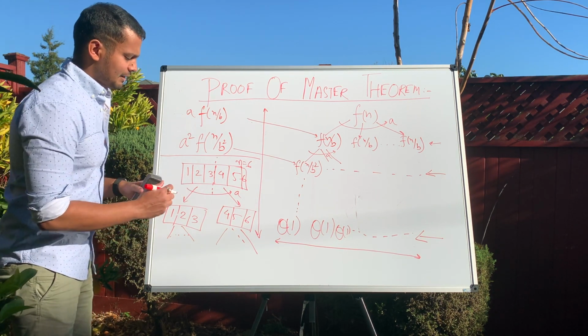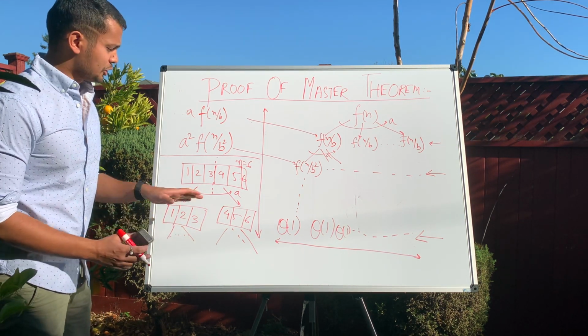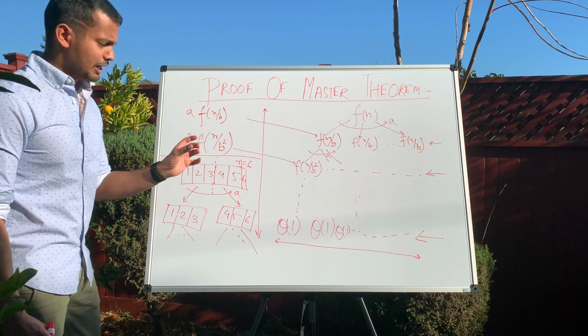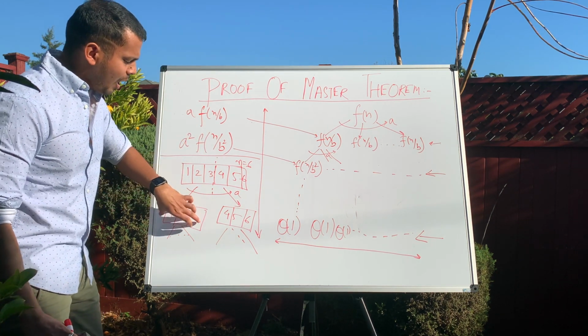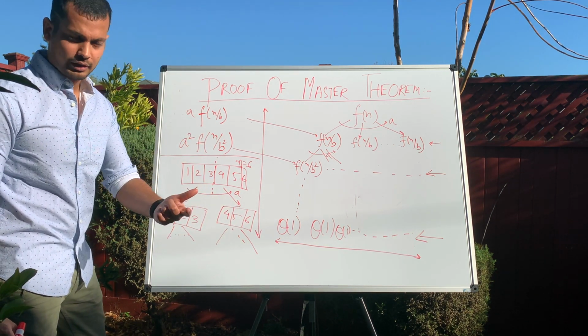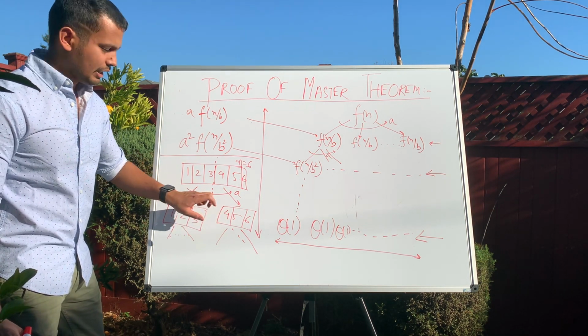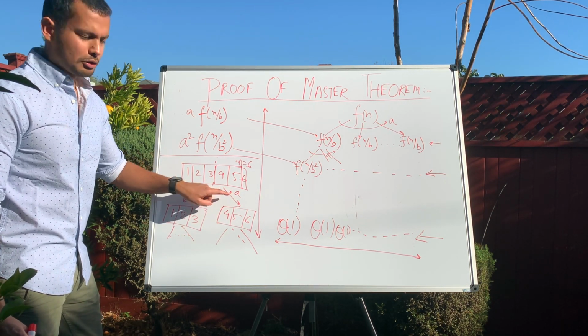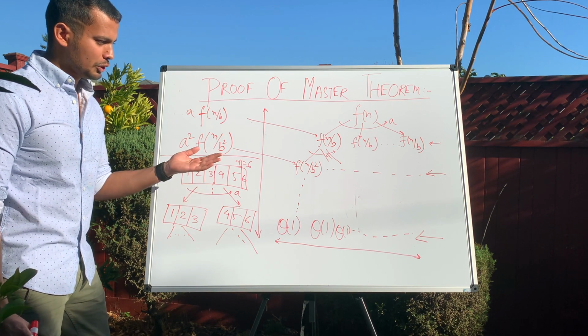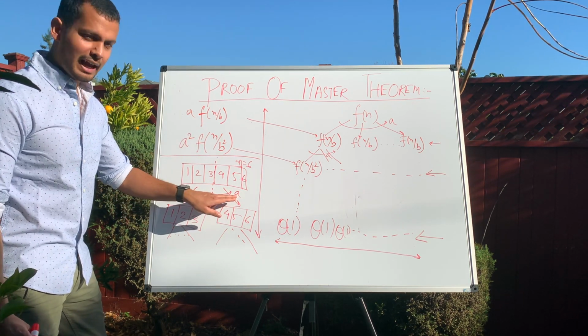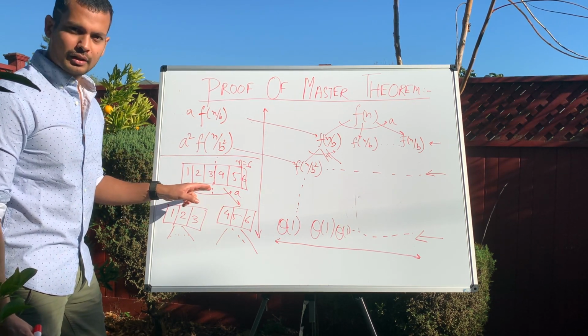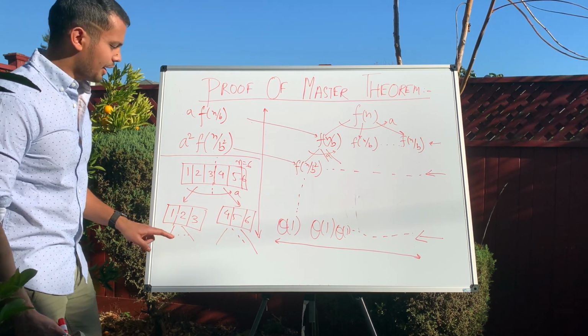So you can say that b is equal to 2 because the partition of the array is made into half and half. Now how many such arrays were created? 1 and 2, and that is your A. So you divide the array into two halves, that is A, and how you divide them is B.